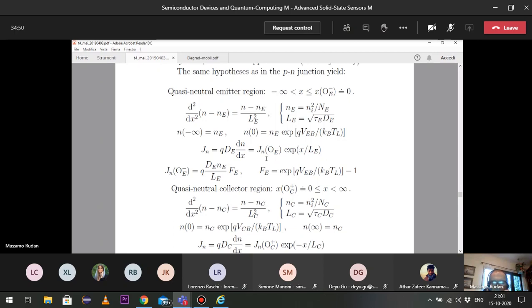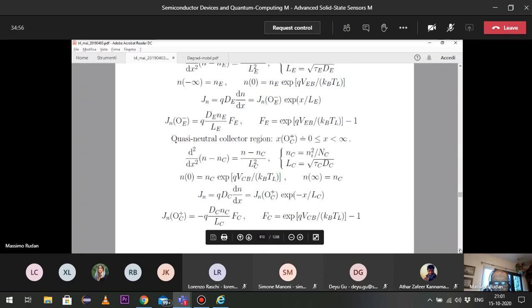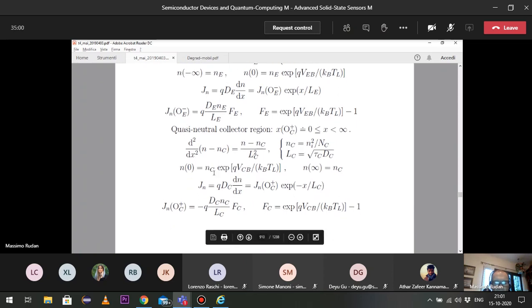When we go to the collector, the analysis is identical. There is only one difference.